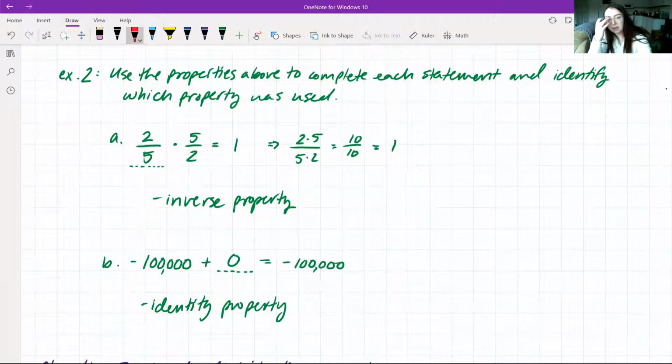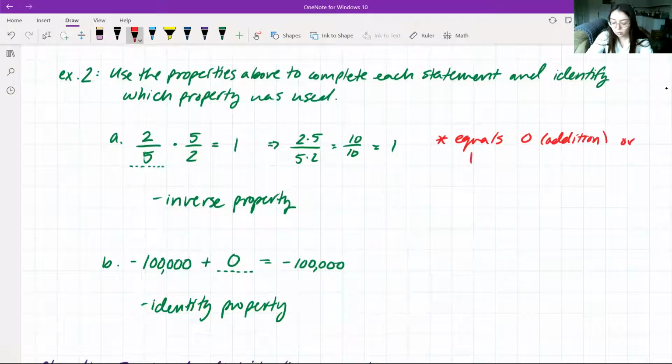So when identifying which property you're going to be using here, the key things that we want to look for are, when we're dealing with our inverse property, that it equals 0 for addition, or 1 for multiplication.